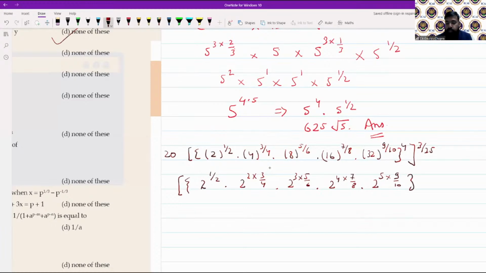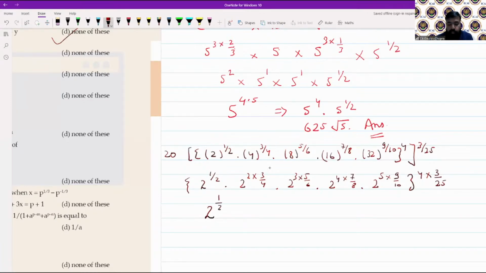So first simplify this, and after that we are having the power 4 and 3 by 25. We can write those powers together. Okay, so now let us solve the powers.